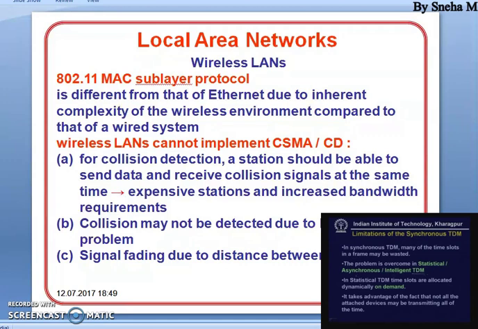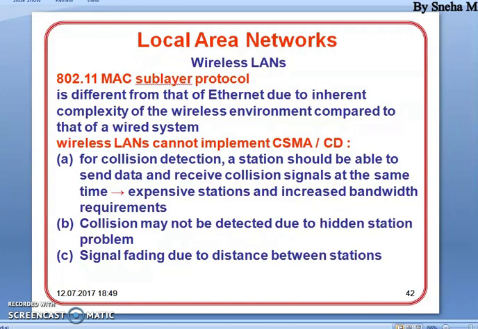So these are the three possible reasons why we are not able to implement CSMA-CD. Instead of that, we are going to implement CSMA-CA, that is, collision avoidance, rather than collision detection.